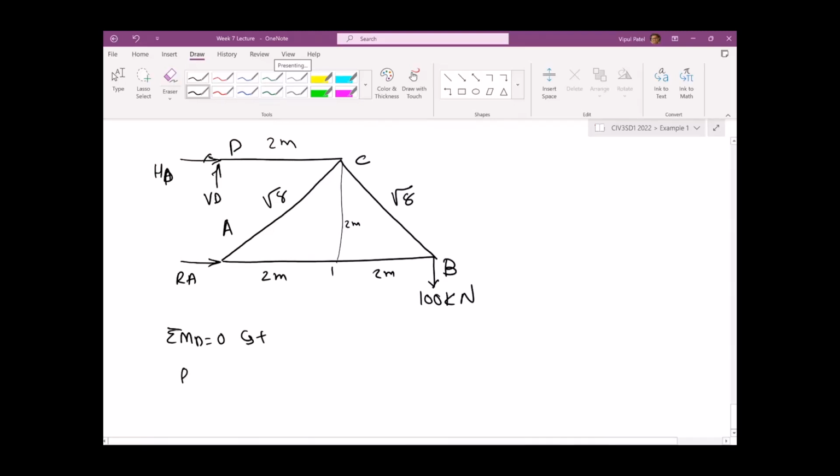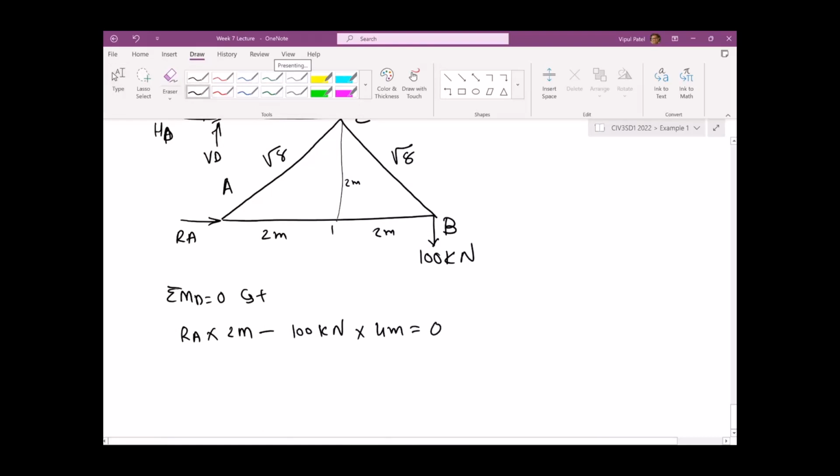Then RA times 2 meters minus 100 kilonewtons times 4 meters equals 0. So RA equals 400 kilonewton meters divided by 2 meters, which gives 200 kilonewtons.